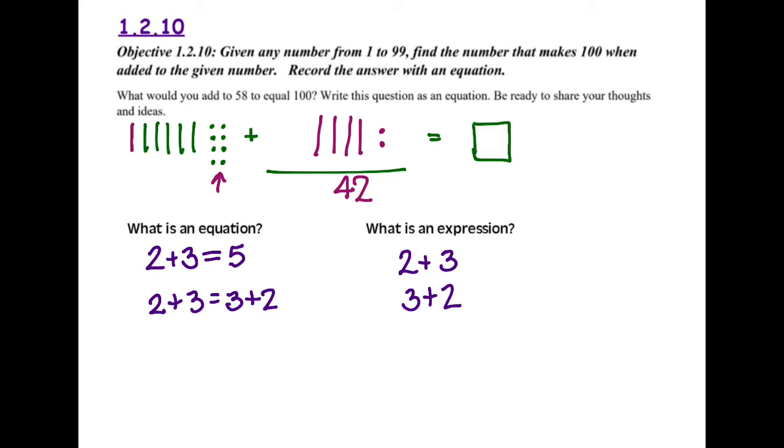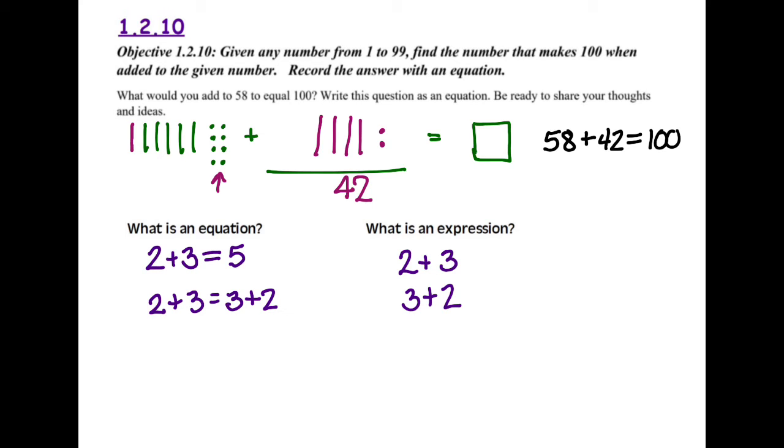Okay, so our pink and green base 10 blocks, we need to write it out as an equation now. So we're going to say 58, that's what we started with, add 42 is 100.